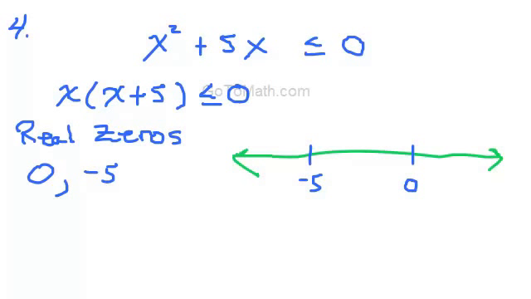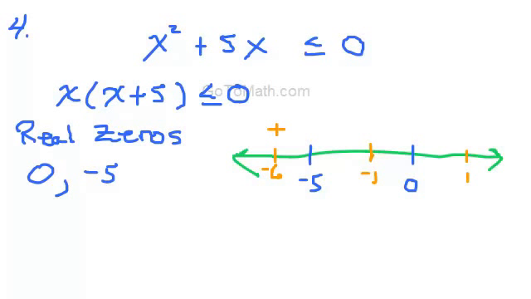Okay, now let's pick some test points. How about negative 6? And what about negative 1? That's a good one. And 1. Okay, some easy ones there. Alright, so let's take a look at this. Negative 6, if we plug this in up here, we get a negative number, right? And then negative 6 plus 5 is a negative number, and a negative times a negative is a positive, right?